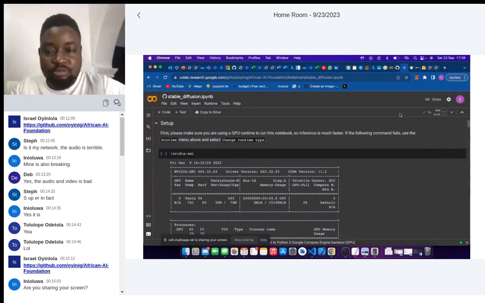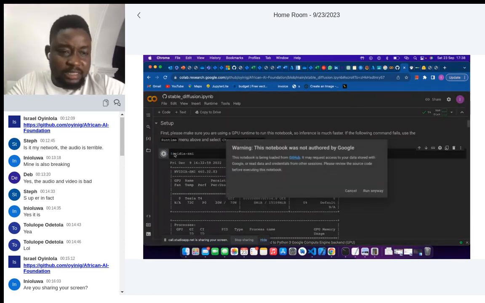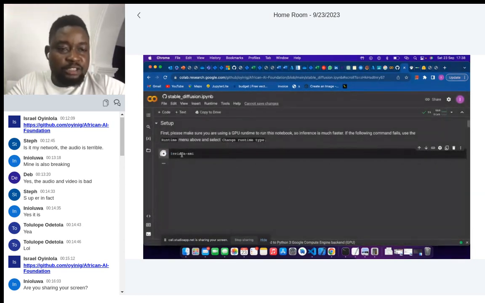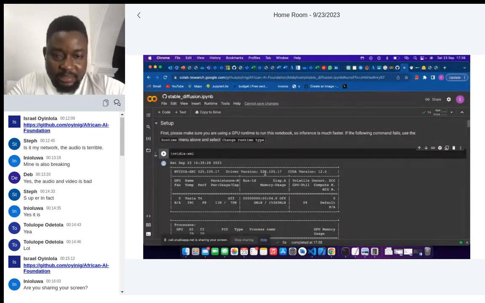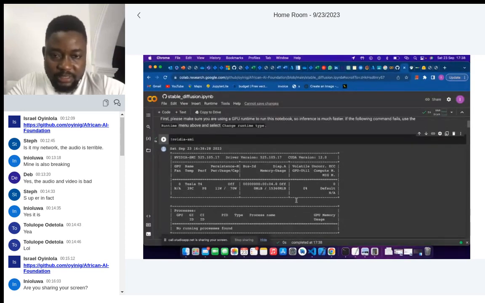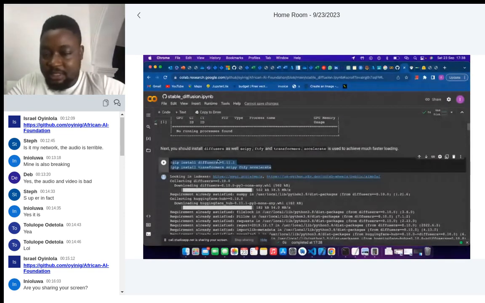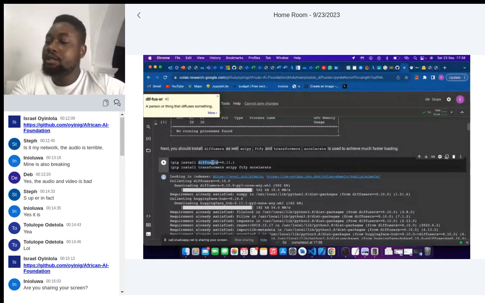So this is the time we would now be setting up all those resources that we mentioned at the American Corner, so that you can now practice with a GPU-connected Google Colab, because the amount of computation needed is pretty huge. So this command is to check the GPU that is connected to your Google Colab. Right? So then we have to install a few things. We install diffusers, and I'll explain shortly.